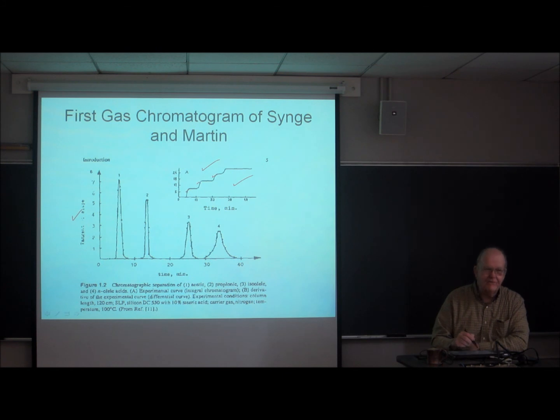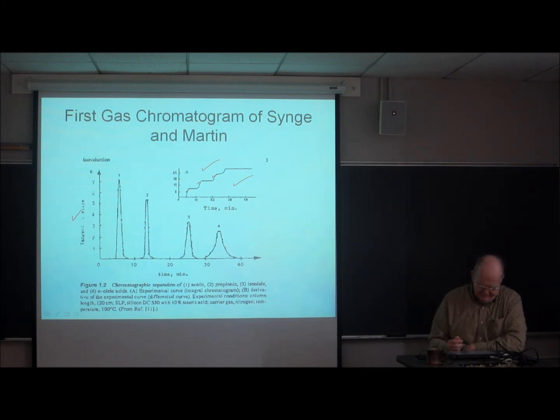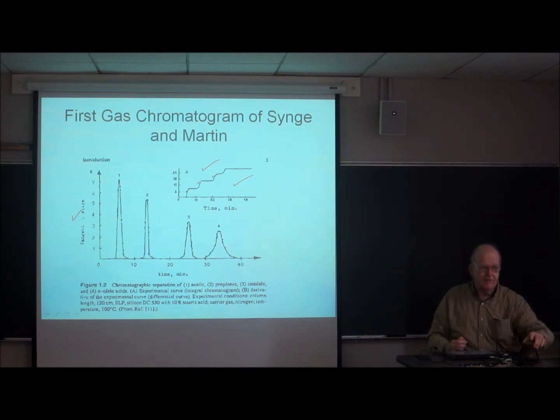So this is the derivative of all of the titration curves. And you can see that it worked. There's a beautiful separation of a bunch of carboxylic acids. I dare say it's the best separation of carboxylic acids that anybody had ever seen up until this time. That was about 1952.